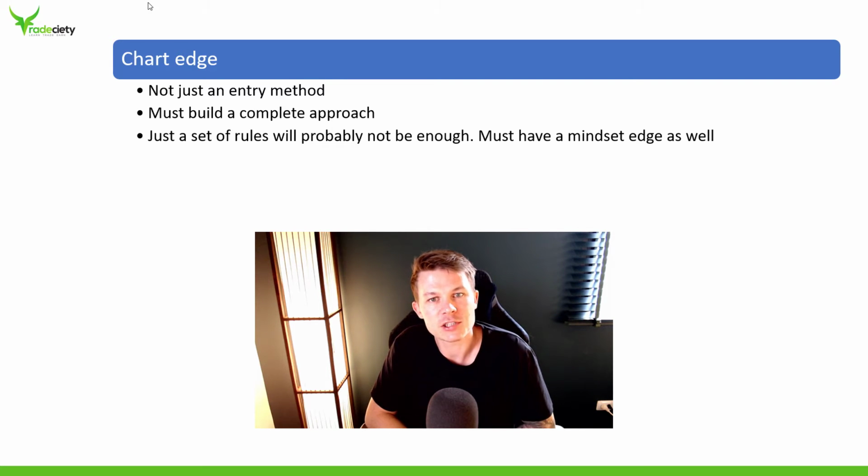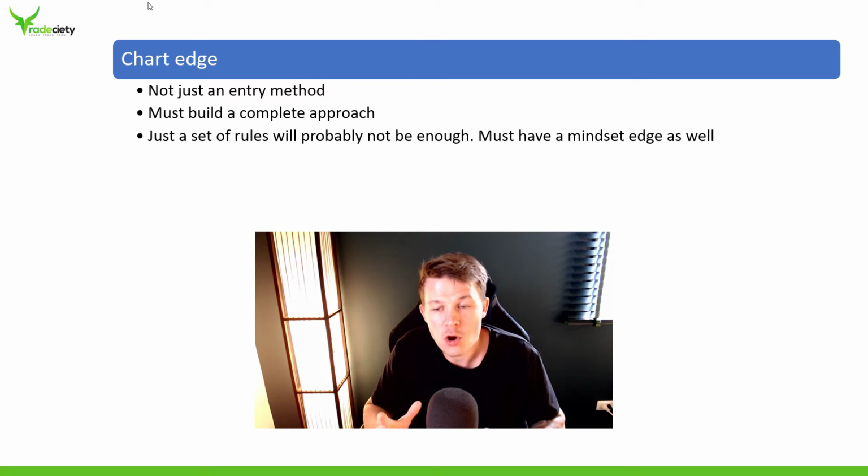So with the chart edge, what is really important is, yes, we're talking about trading strategies, but we are not only talking about a way to find entries. I keep saying it so many times: the entry is not as important as many traders make it out to be.